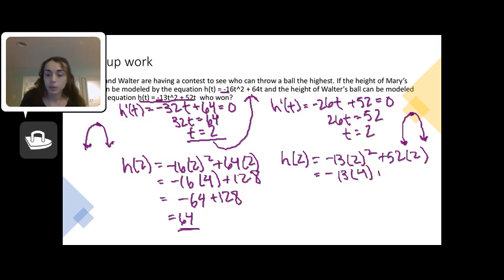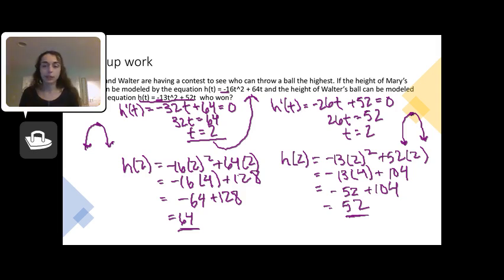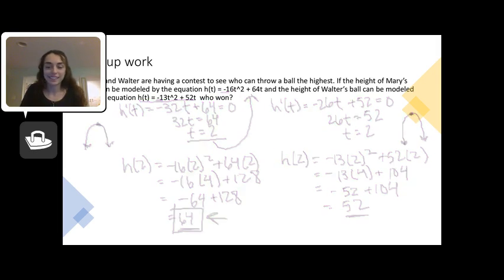And this equals negative 52 plus 104, which equals 52. So who won? That's right, everybody, Mary won because she had the highest height for how high she threw her ball. Okay, any questions on this? All right, great job, guys.